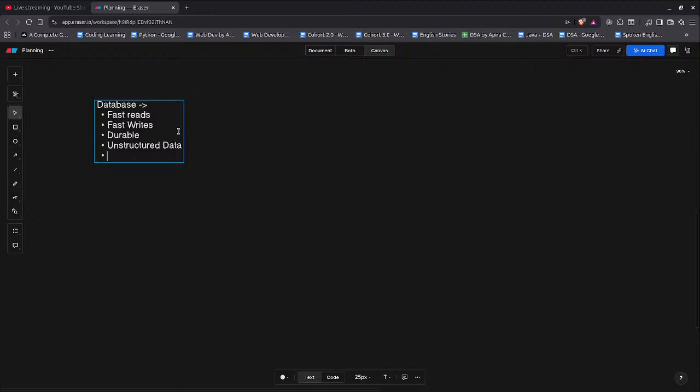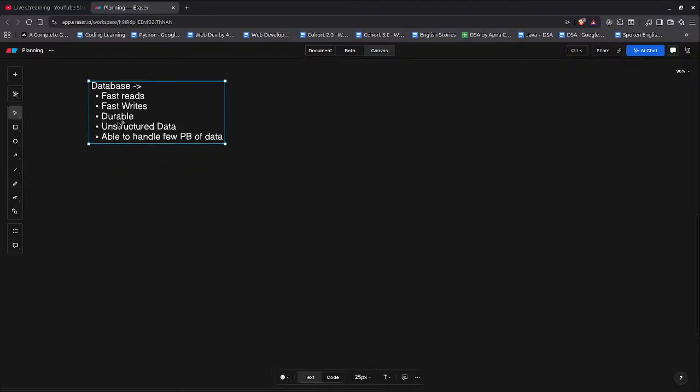And lastly, what was the last thing? Yeah, it should be able to handle a few petabytes of data. So these are the requirements right now, especially when it comes to RDBMS.